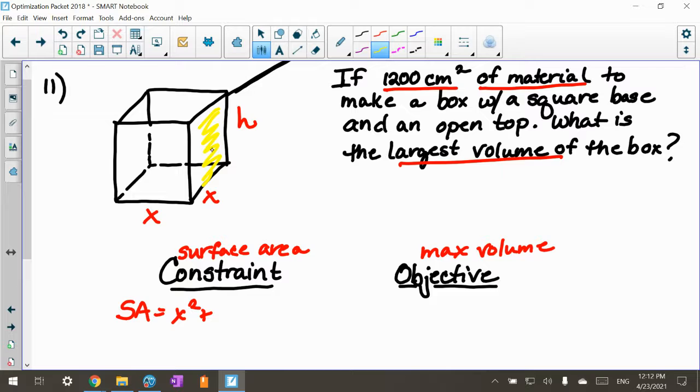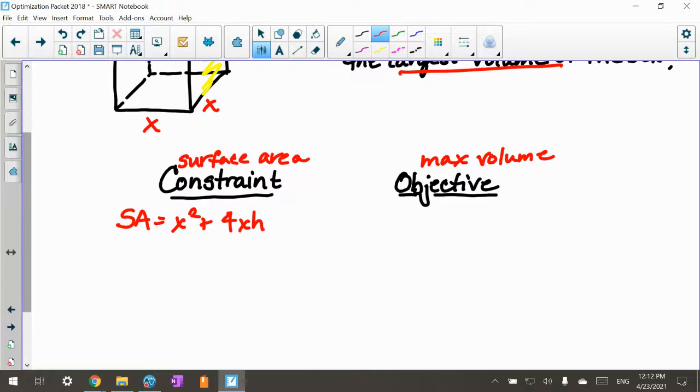Since they're all the same, because the bases are all x, I have 1, 2, 3, 4 sides. So I'm going to say plus 4 times the area of the sides, because there are 4 of them. That's my surface area. Now I know it's 1200, so I'm going to change this to 1200. So I have x squared plus 4xh equals 1200.